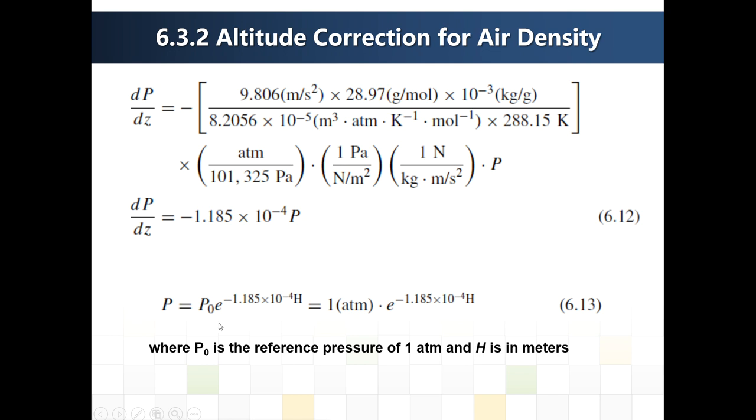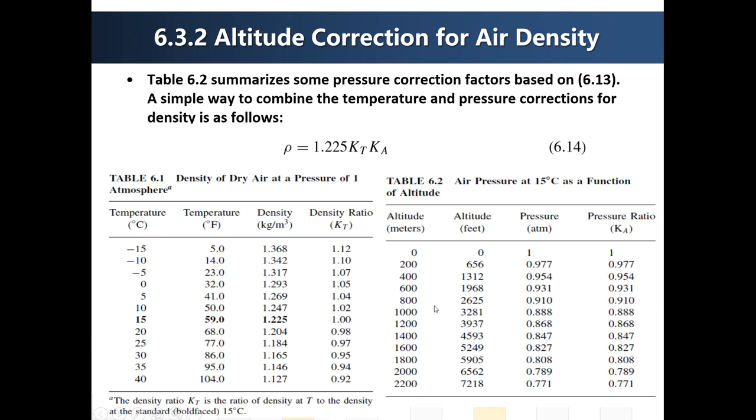So we represent the pressure as a function of the height, altitude, where P0 is the reference pressure of 1 atm and H is in meters. Table 6.2 summarizes some pressure correction factors based on equation 6.13.